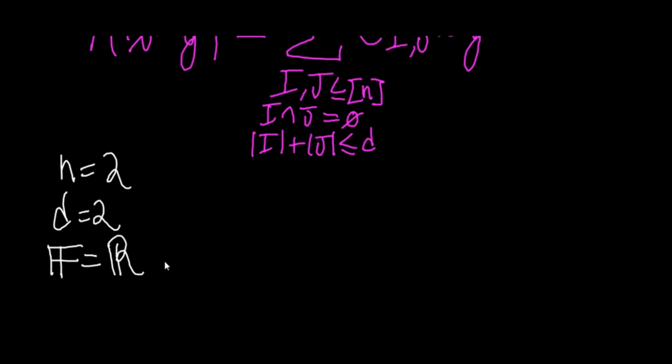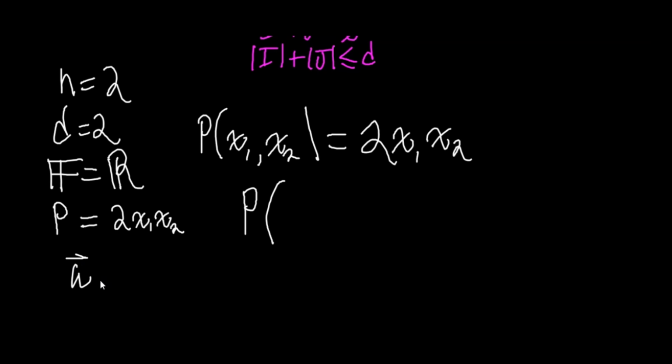So check this out. We can write the polynomial evaluated at, let's consider two vectors a and b. So a is equal to a1 comma a2, and b is some vector b1 comma b2, a vector with components b1 and b2.